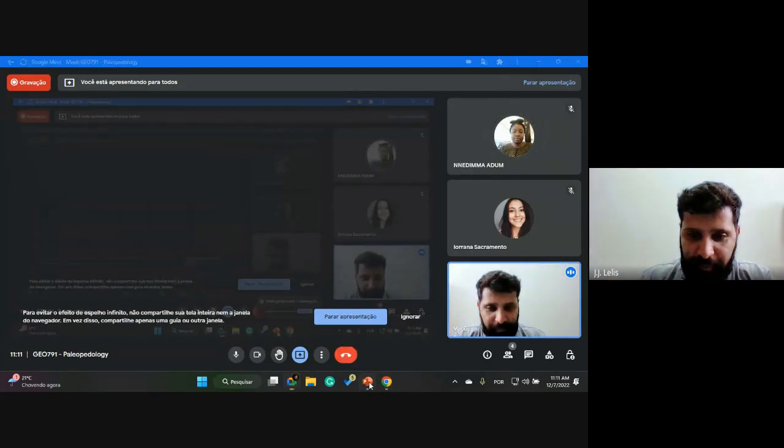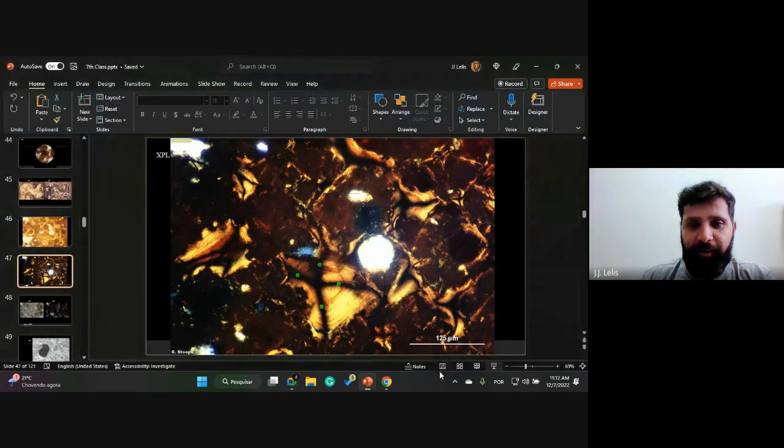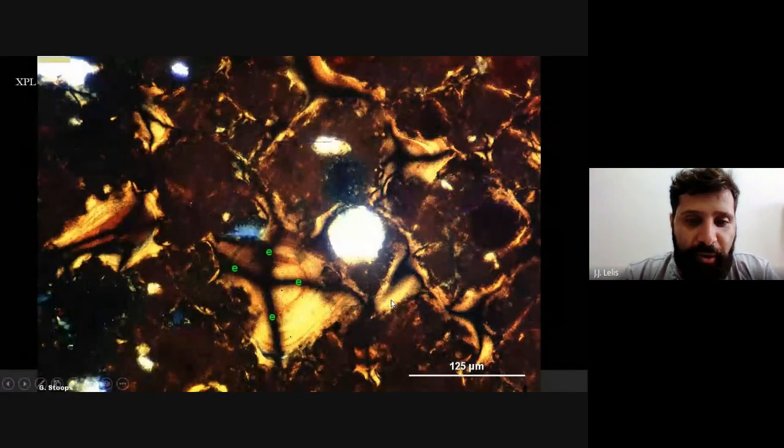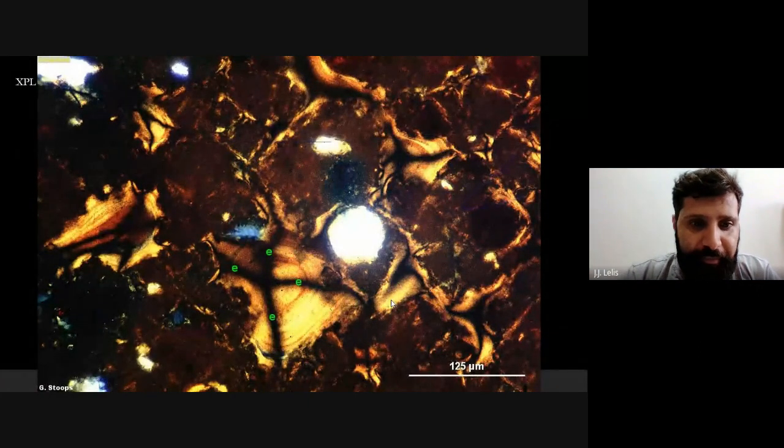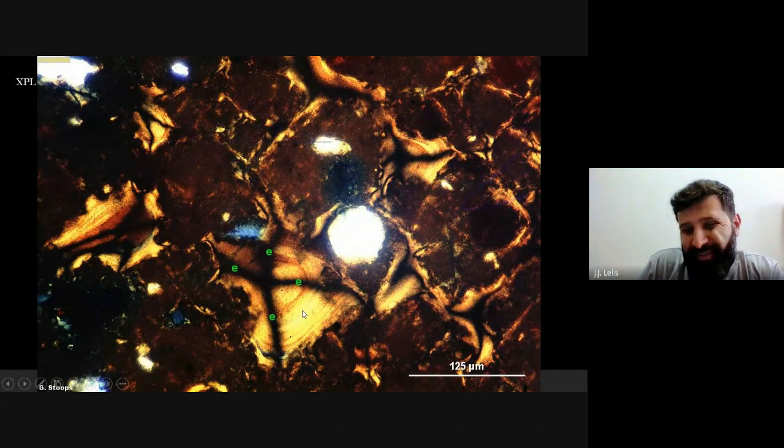Okay, so as I was telling you, if we find these different colors in these pedofeatures in the XPL, it shows us that the clay fraction, the fine fraction, which composes these pedofeatures, is well organized.